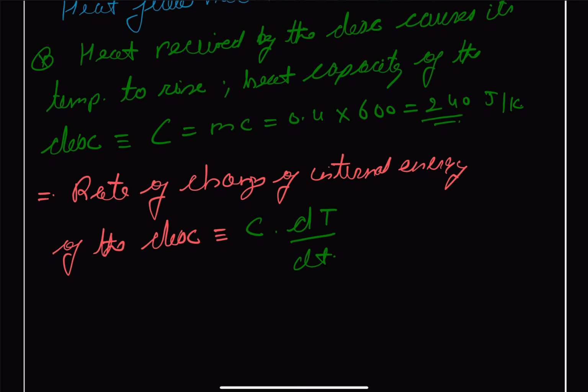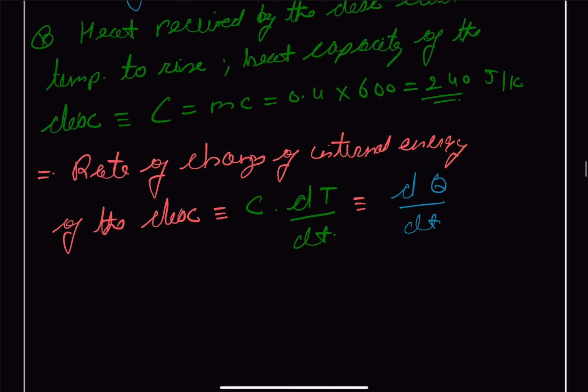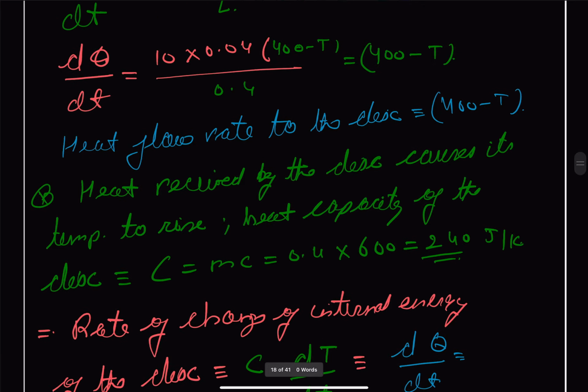And since there are no losses, the rate of change of internal energy will be equal to the rate of heat received by the disk, that is dQ by dt, as there are no losses.